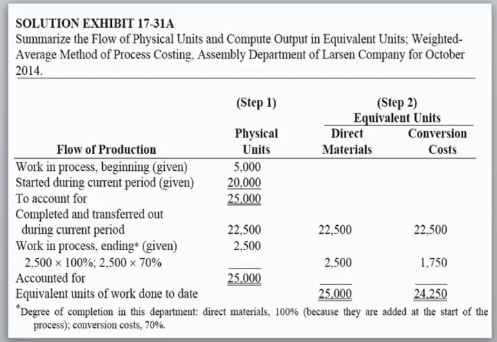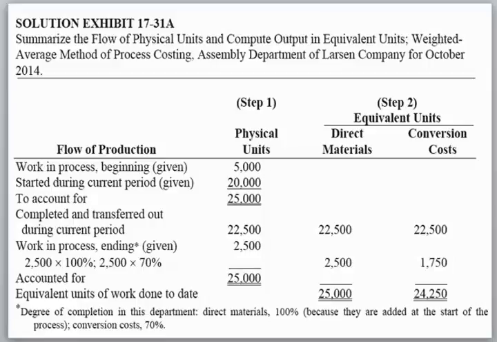The flow of production: the beginning work in process is given as 5,000 physical units, and the units started during the current period are also given, 20,000. So the units to account for are 25,000.